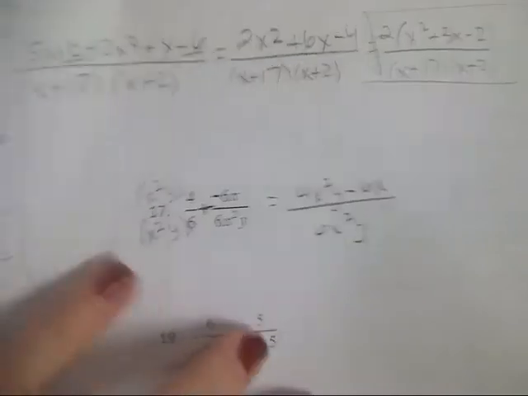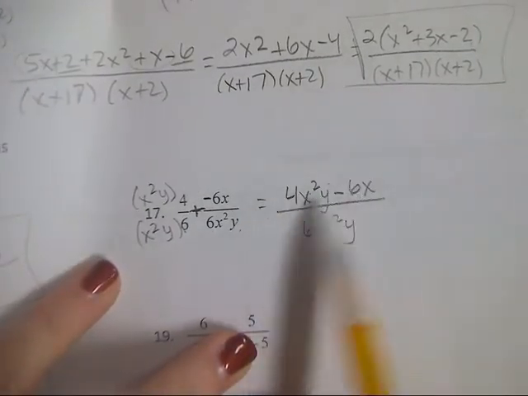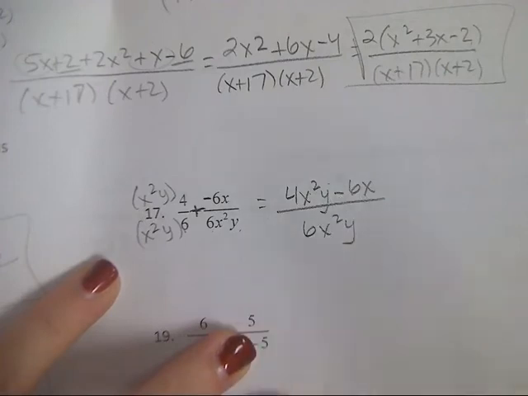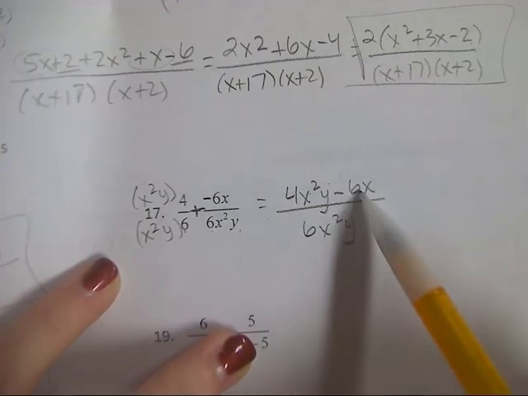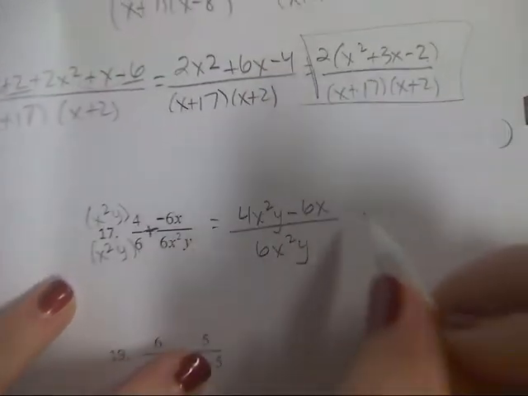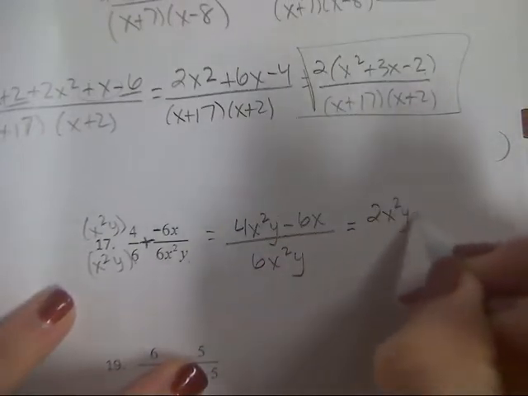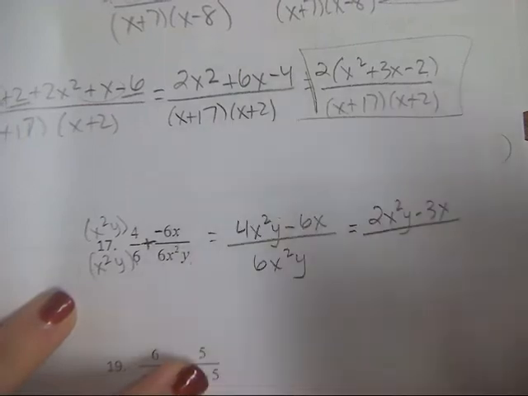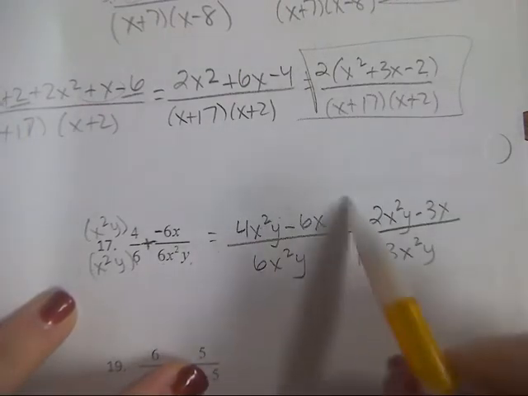But nothing else is going to change. I cannot cancel these out because my numerator is attached to something else by the subtraction sign. So it's locked in. But my coefficients, they're all even numbers. So I can divide each of those by 2 to give me 2x squared y minus 3x over 3x squared y. That is all we can do.